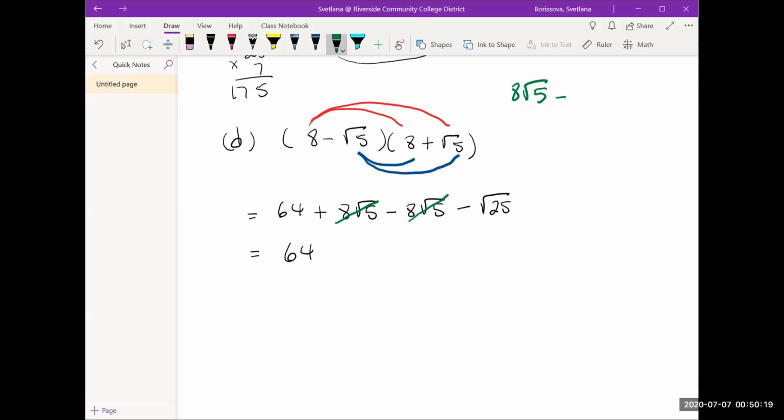If I write it like that on the side, then I say this. Well, I know they're like radicals because they're both square roots and they're both square roots of 5. I can combine them. And when we add or subtract radicals, we only perform operations with the numbers that are in front of them, right? So in other words, it's like 8 minus 8 square root of 5. But what is 8 minus 8?